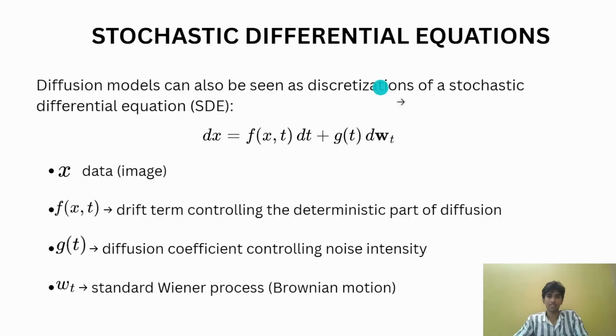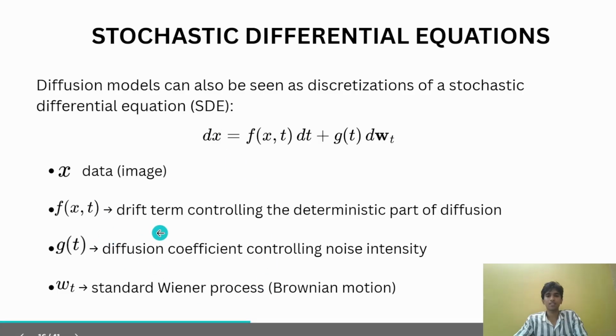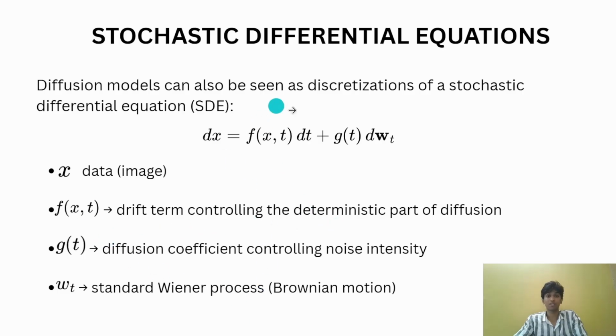This term is a noise term, which is added to this, and this noise term varies for each time step t. X is the data, which is the input image. F of x comma t is the deterministic part of diffusion, because this part never changes, and for that reason we call it deterministic. We can determine what the value of this function is at all times.